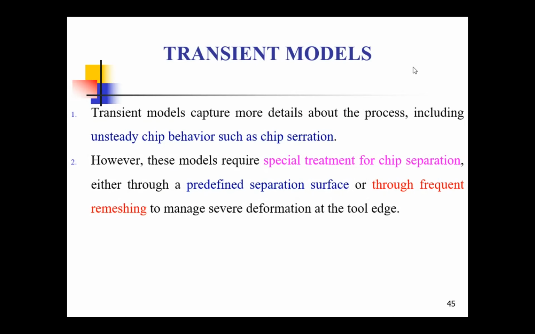These models require special treatment for chip separation, through a predefined separation surface or through frequent remeshing, which we call adaptive remeshing. In the subsequent slides we will see what that is. After the chip is separated out, the adaptive remeshing automatically remeshes so that it manages the severe deformation that occurs at the tool edge.